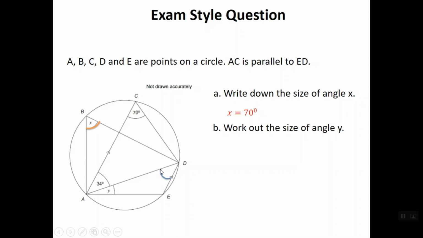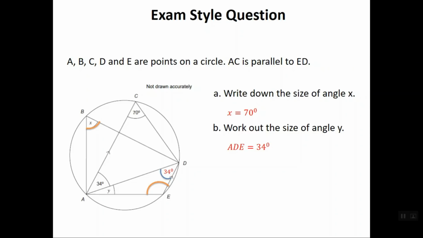So this angle is also 34 degrees. And the reason for that is alternate angles are equal. And what do I mean by alternate angles? It's basically angles on the opposite side of the transversal, which are in the same segment. So that's also 34 degrees.